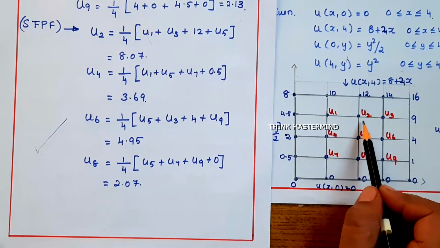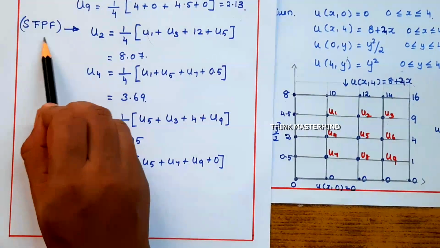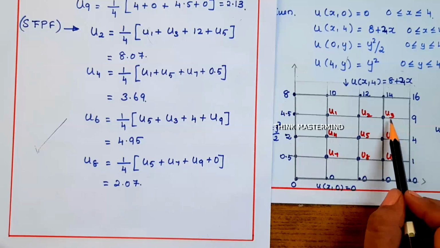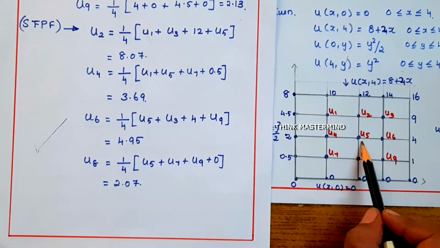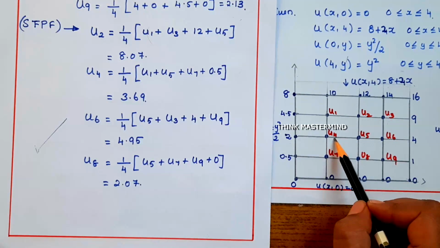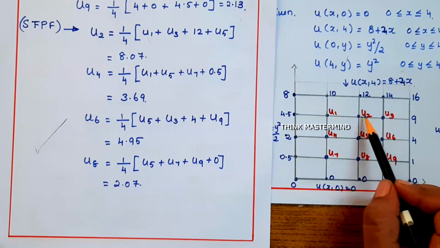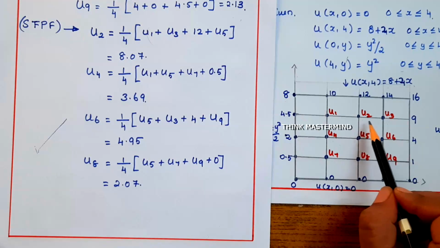To find u2 by using the standard 5-point formula, u2 is equal to u1 plus u3, 12 plus u5. Here u4 is unknown, and u6, so I can't take the diagonal 5-point formula to find u2.